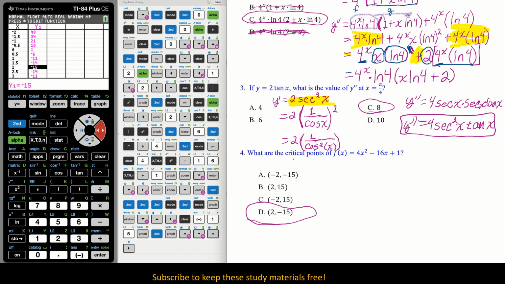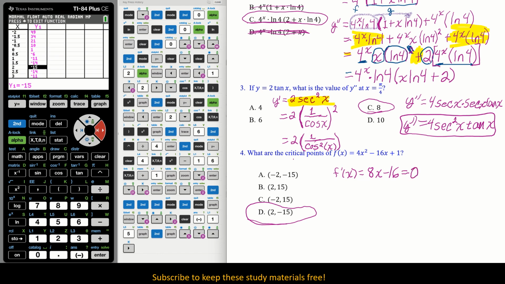Now let's say that our equation was not as cooperative. Our graph, because of the way the equation was, we couldn't see much. We just couldn't see what we needed. It was very hard to tell. So what you can do is get f prime of x and set it to 0. So that will be 8x minus 16 equals 0.